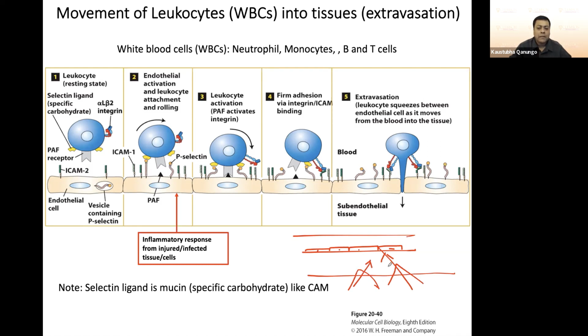So what will happen when you have a pathogen invasion, suppose you have a bacterial infection or a viral infection, or you have a cut or a wound on your tissue close to a blood vessel. And remember that this is just a very fine capillary. When this happens, the cells in this area will release what is called the inflammatory response.